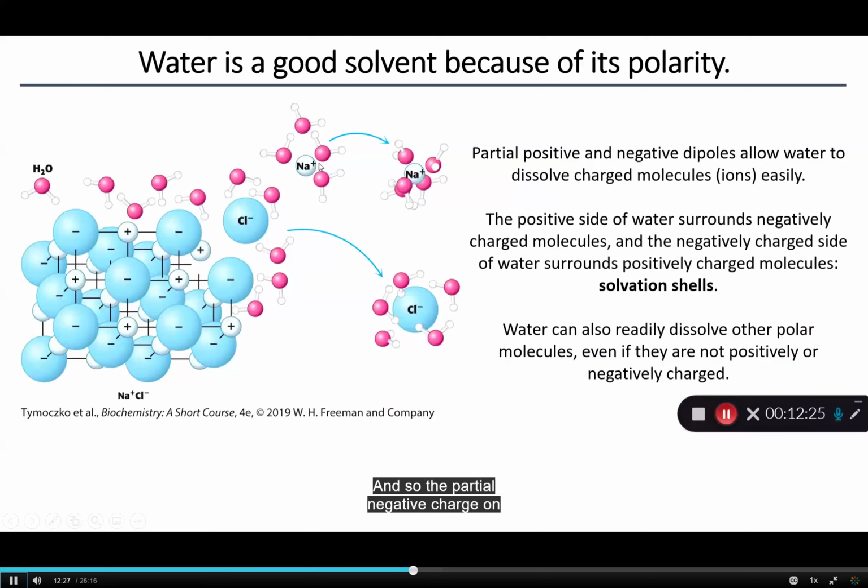And so the partial negative charge on the oxygen in a water molecule will point itself towards this positively charged salt ion and create what's called a solvation shell, where the negatively charged side of water surrounds the positively charged molecules, and then the positively charged parts of water on the hydrogens will surround the negatively charged molecules. So it can dissolve positive molecules, it can dissolve negative molecules. So it's a really good solvent for that reason.